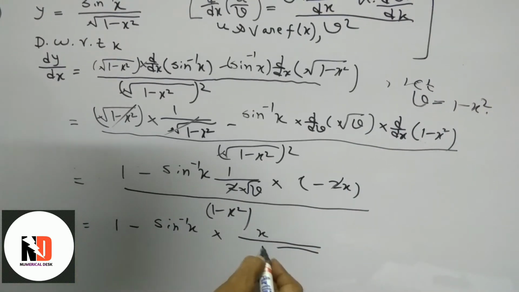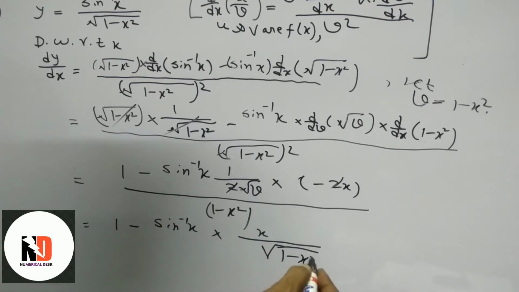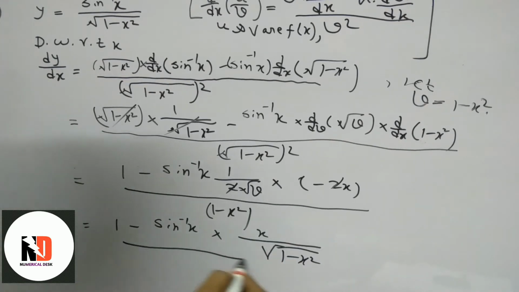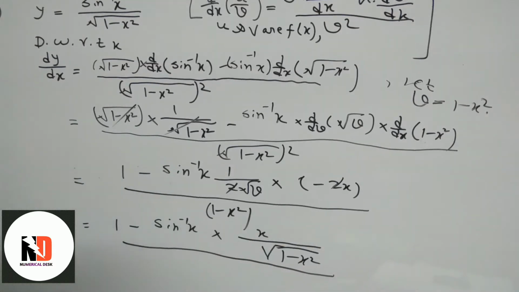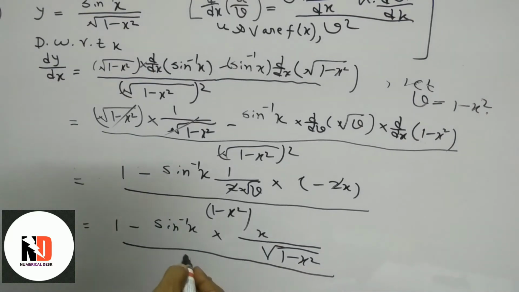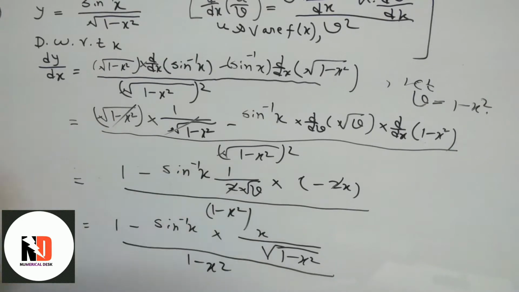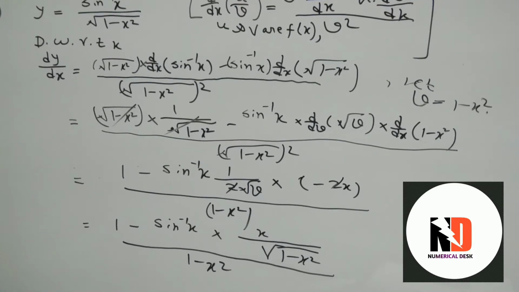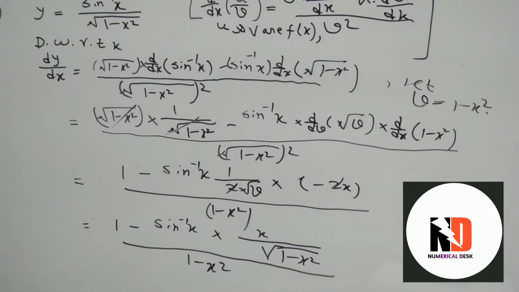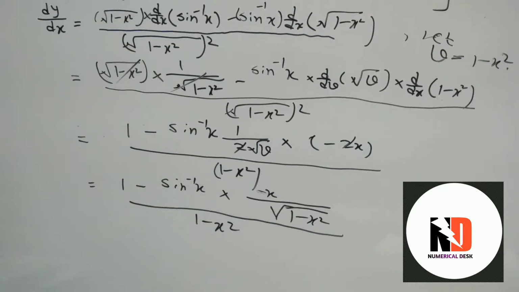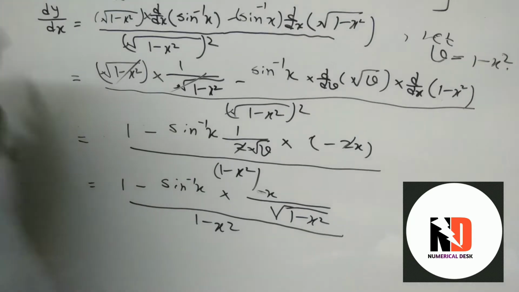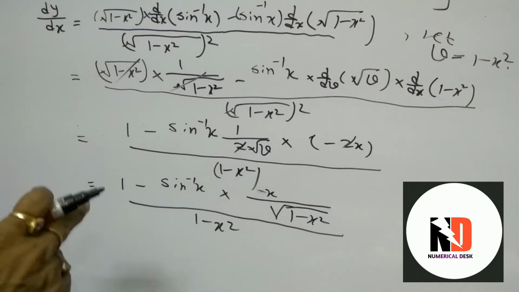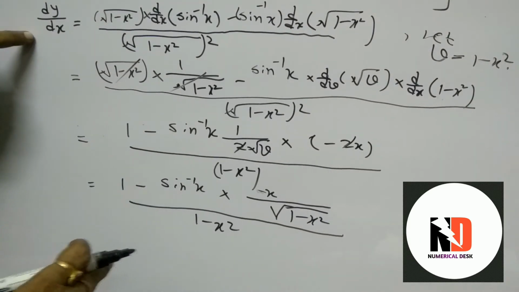putting the value of v. Now 1 minus x square in the denominator. So now let's cross multiply. So 1 minus x square into dy by dx.